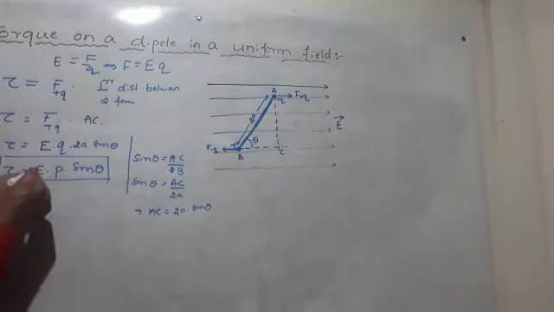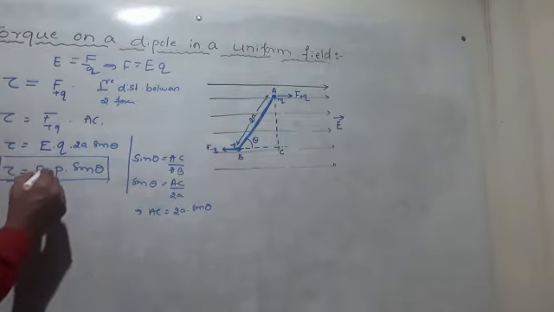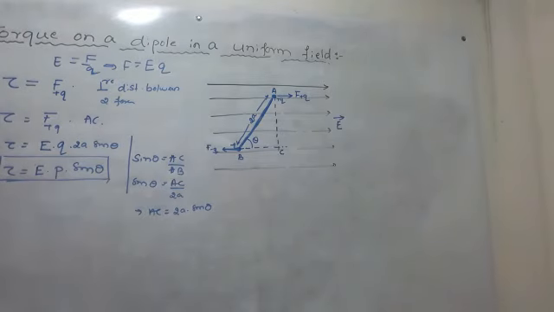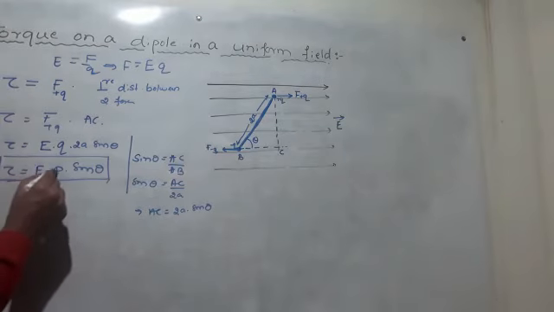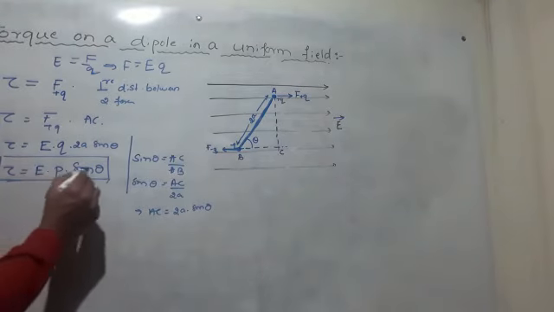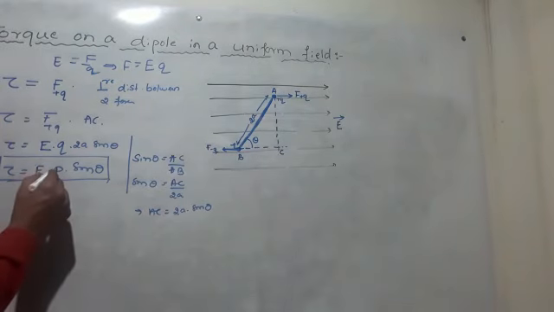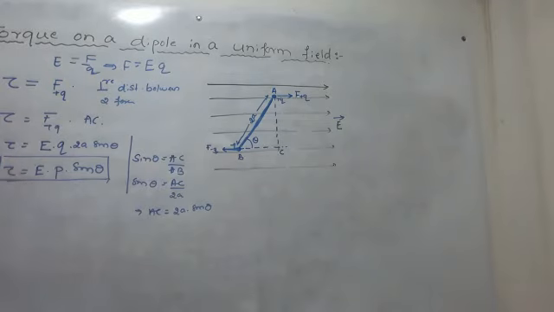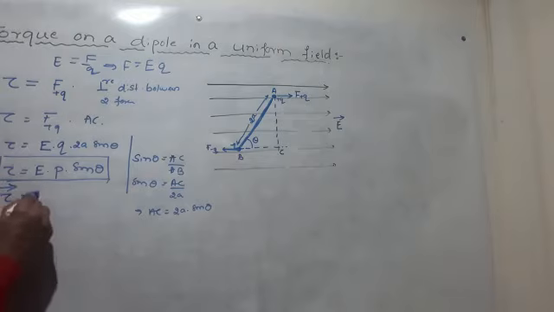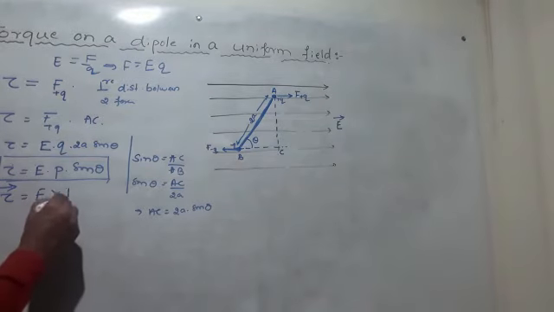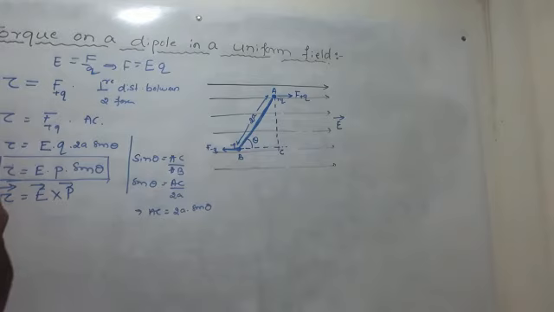Since electric field and dipole moment are both vector quantities, it is the product of the magnitudes of two vectors into sin theta, therefore there should be a cross product between E and P. A cross product gives a vector quantity, that is tau. Therefore tau is the vector quantity given by P cross E. This is the vector form of the torque.